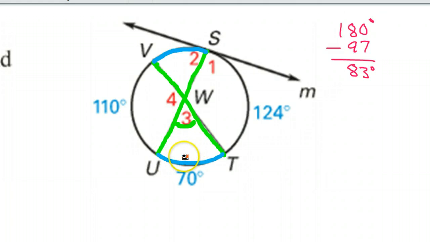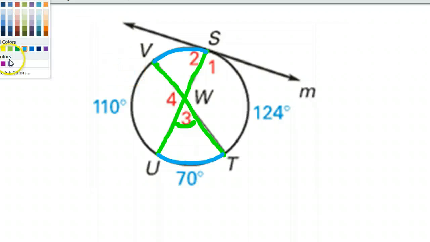Well, I'm pausing so you can think about how to find this other arc. And I'm hoping that you notice we have all the other arcs. There are only 4 arcs showing on this circle, and we know the other 3. So if we know the other 3, how could I find the missing arc? You guessed it, we will subtract from 360 degrees.